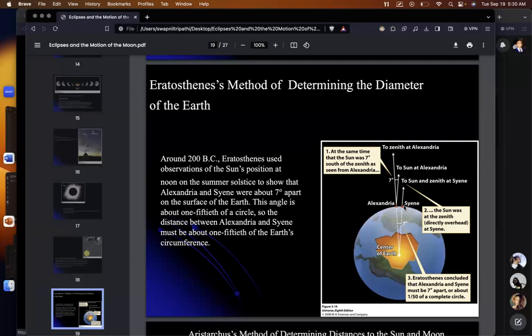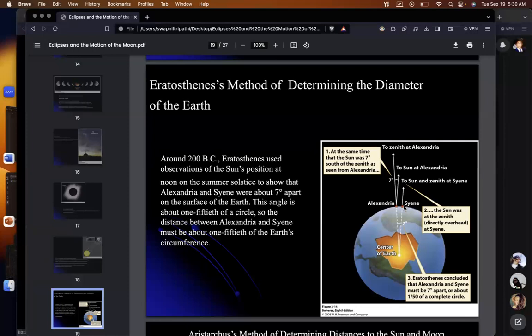It happened only on that certain day, not the rest of the year. So that was a very curious fact that people knew about. And so Eratosthenes thought about it, and that meant the sun is directly overhead on Syene at that time.